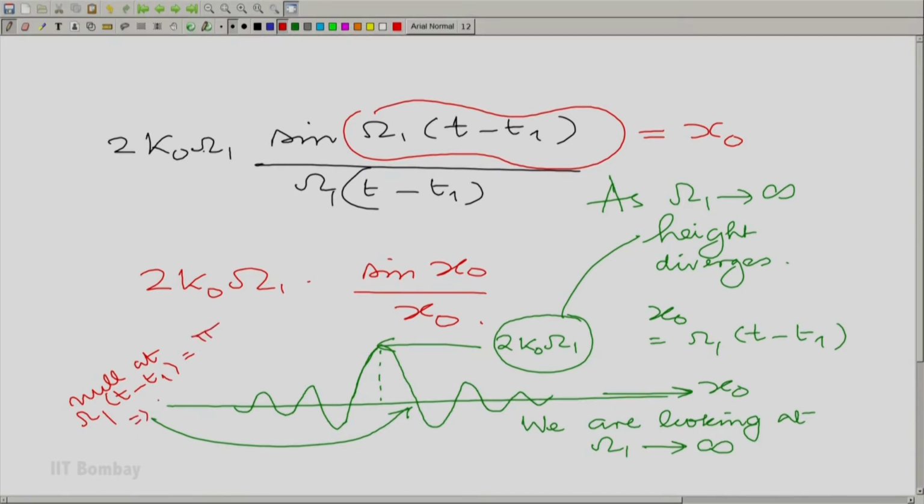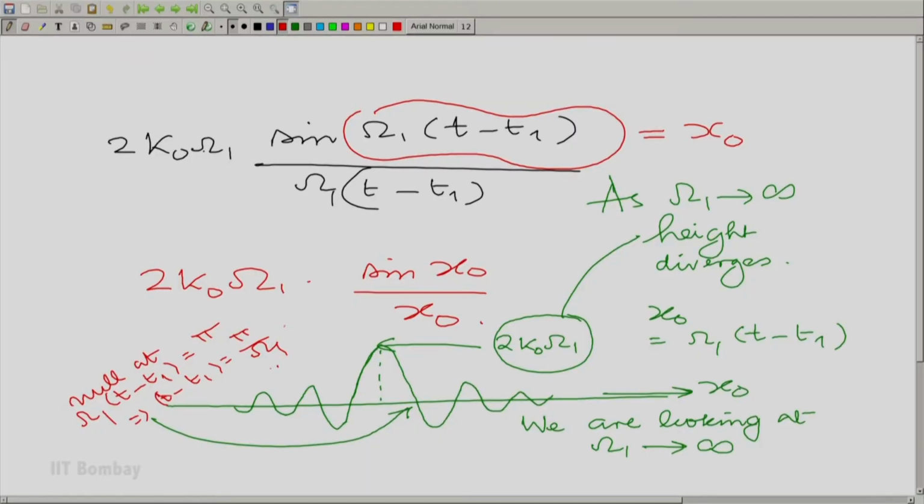That means t minus t1 is equal to pi by omega 1. As you increase omega 1, what is happening to the sin x by x function? For a given t minus t1, let us look at this expression. So here x0 is always fixed, but then what is happening to the area under the main lobe? That is something that we should reason.